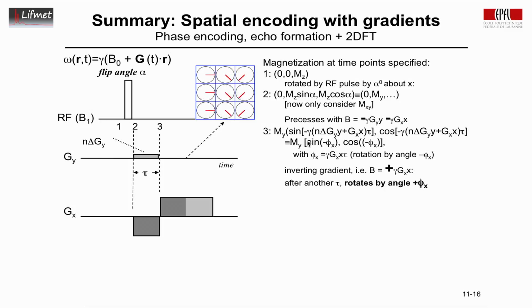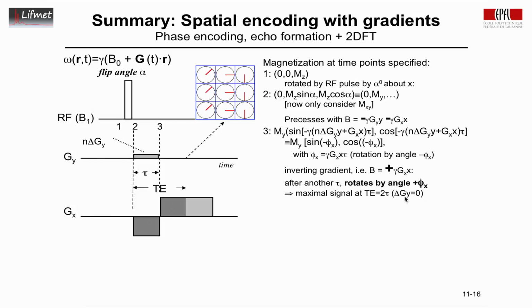What we've written here does not consider the effect of the y gradient, just the effect of the x gradient. This gives a rotation by minus phi x. If we have now the inversion of the polarity of the gradient, this rotates the magnetization by an angle plus phi x. So this gives us a maximal signal at TE equals 2 tau, that's this time here.